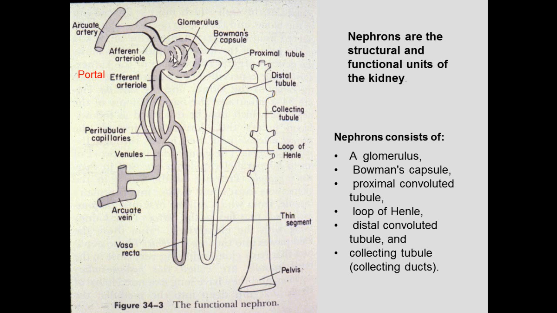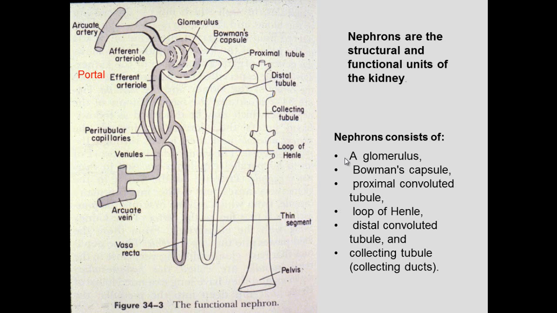That's the first capillary network in its portal system. And then from there you got the proximal convoluted tubule, and then you have a descending portion of the proximal tubule, a thin loop of Henle, ascending portion of the distal tubule, and then the distal convoluted tubule, and that empties into a collecting duct. And then the collecting duct goes out the pelvis through a papillary duct.